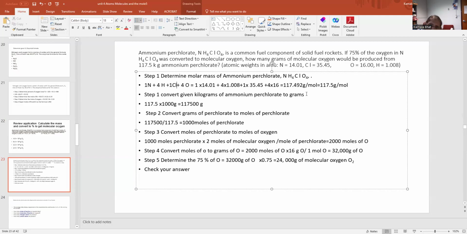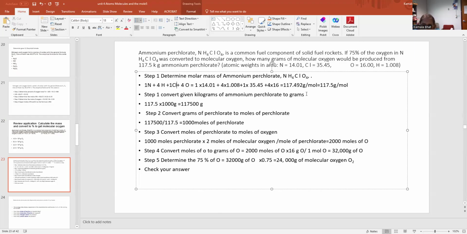Once you get the moles of perchlorate, you convert the moles of perchlorate to the moles of molecular oxygen. How do we do that? Molecular oxygen is O2, not O. There are 4 oxygen atoms, so you have 2 molecules of oxygen. Therefore, the moles of perchlorate, 1000, you multiply by 2 and you get 2000 moles of oxygen.